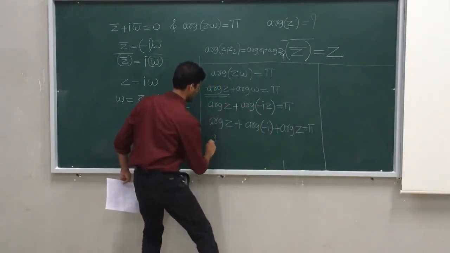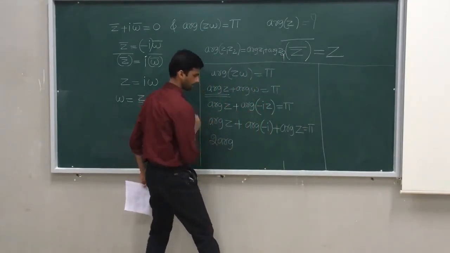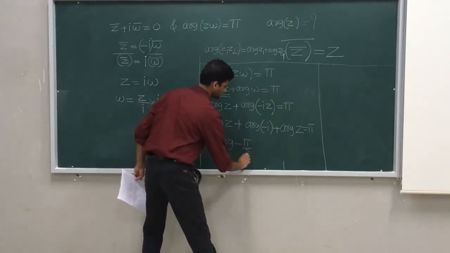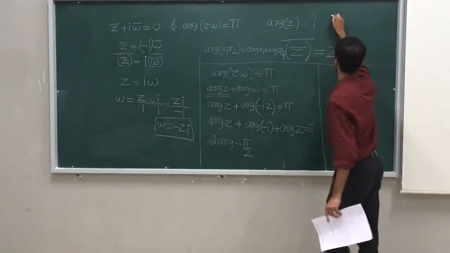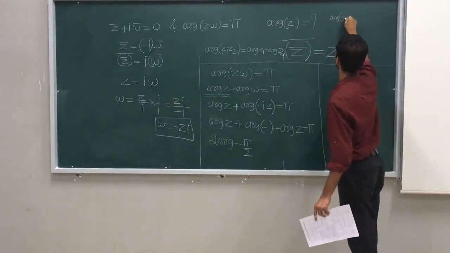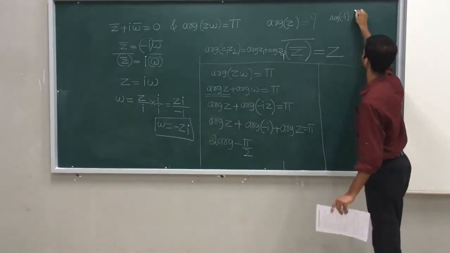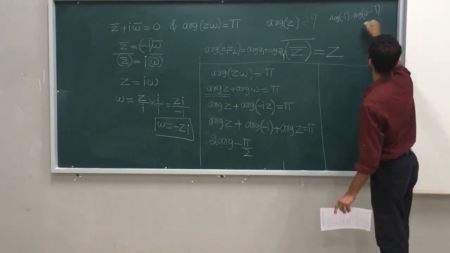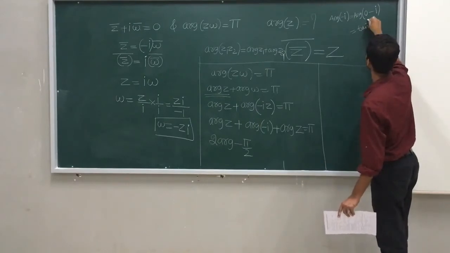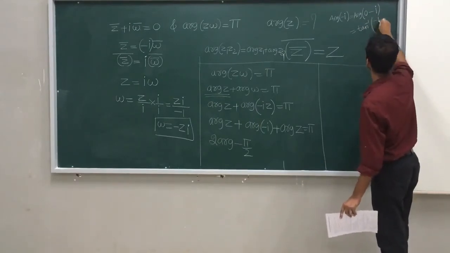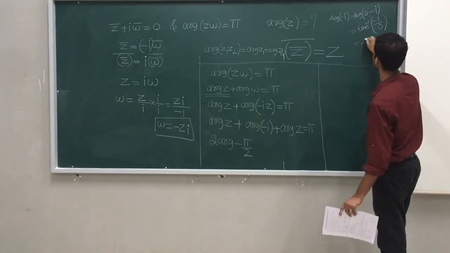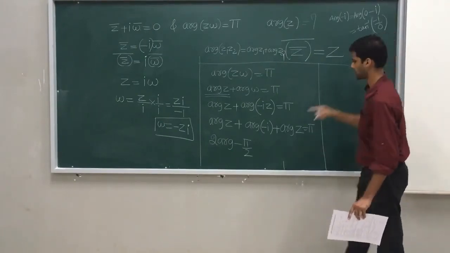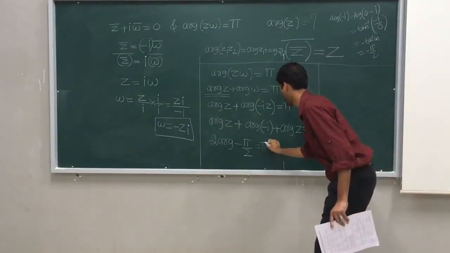So it is 2 times argument of z. What is argument of minus i? It is minus pi by 2, because they are asking what is the angle of minus i. Angle of minus i means it looks like the angle of 0 minus i. It is nothing but tan inverse of y by x, minus 1 by 0, which is minus tan inverse of infinity, which is minus pi by 2, which I wrote here, equal to pi.